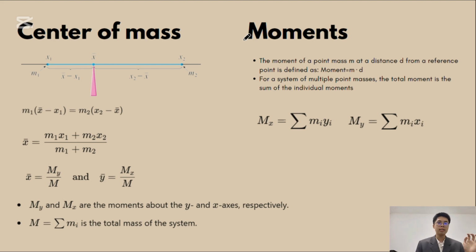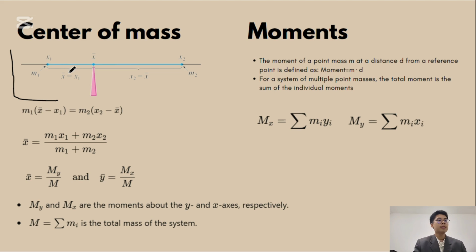To find the moment about x, we need the total of m1 times y1 plus m2 times y2 plus m3 times y3 until the end, and the moment about y will be the total of mass times x1 plus x2 plus x3 until the end.